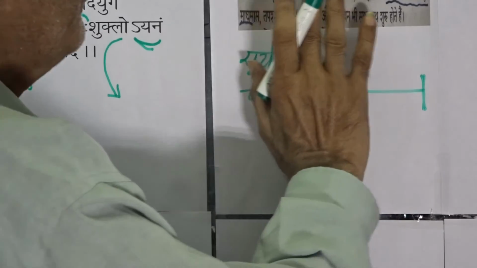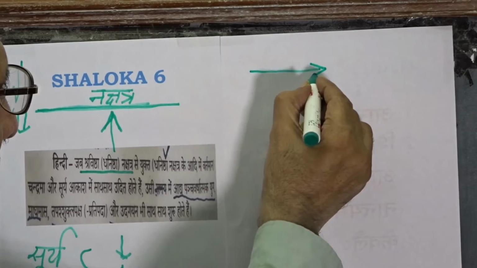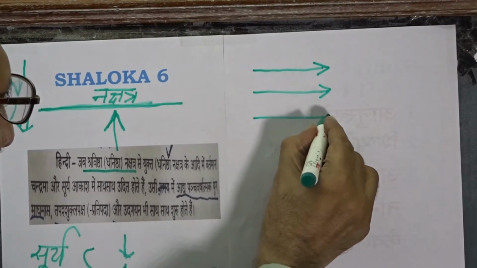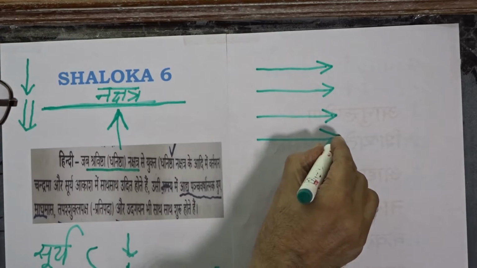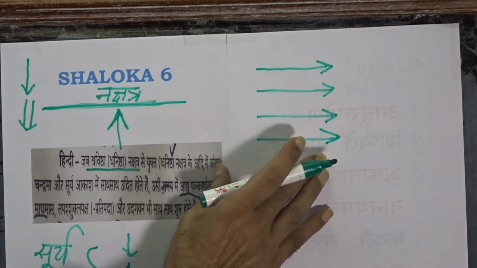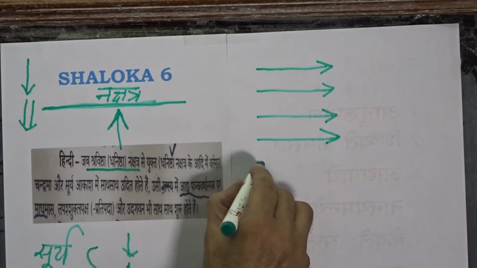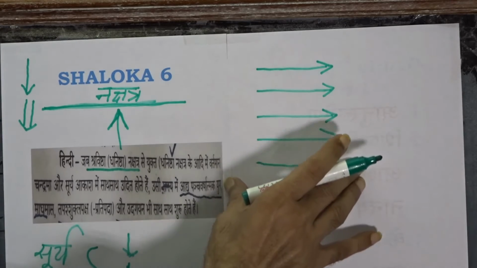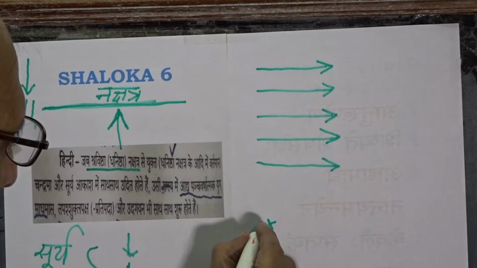So all these 5 things, Surya, Chandra, Nakshatra, Ayan, and the Pakshas, all these flow streams have a simultaneous beginning.